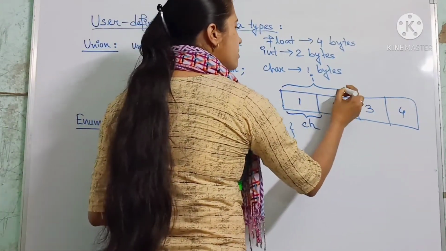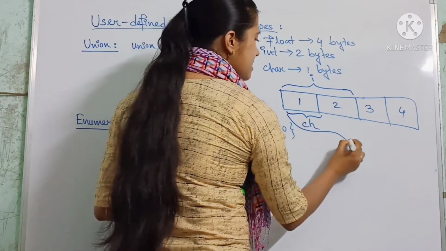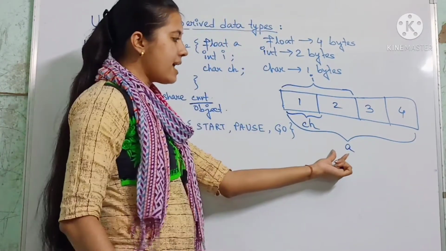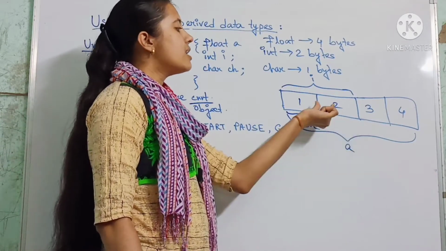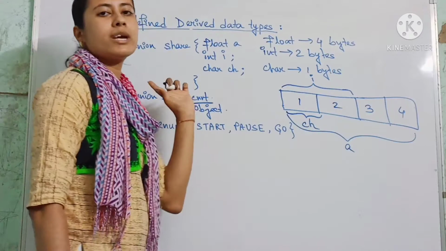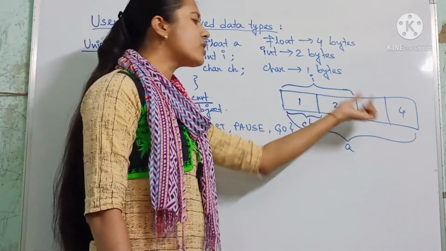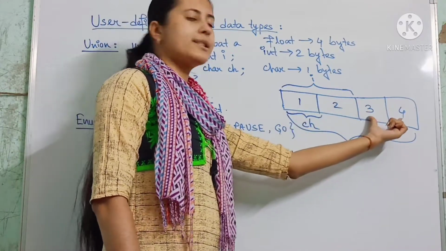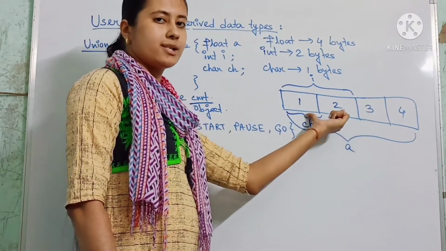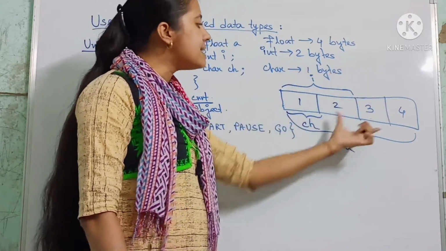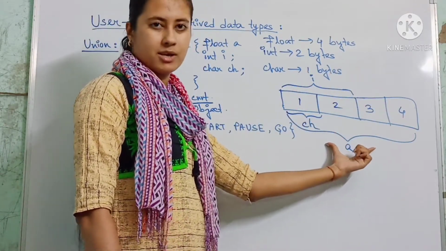Then it will assign the 4 bytes of memory to the variable a. Then it will share 2 bytes to the integer variable and 1 byte to the character variable. This memory allocation can be anything. Any 2 bytes it can allocate, these 2 or these 2. It will depend upon the OS. Okay? So anything it can occupy, but the main thing is that it will share its memory.